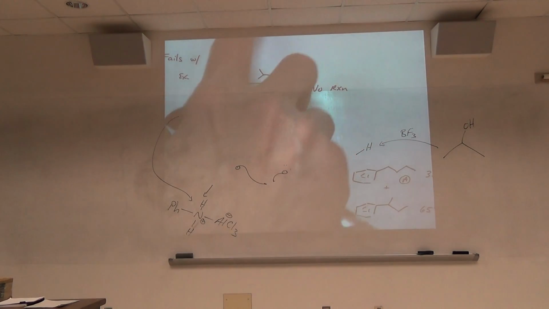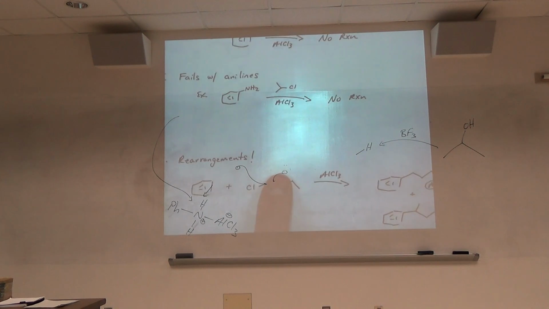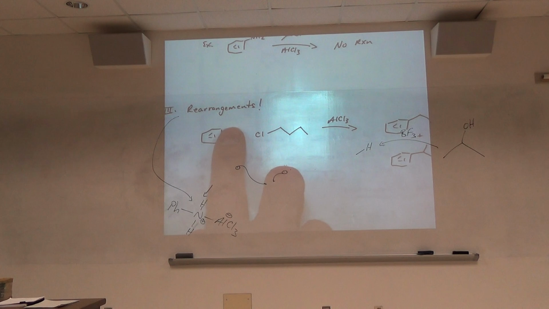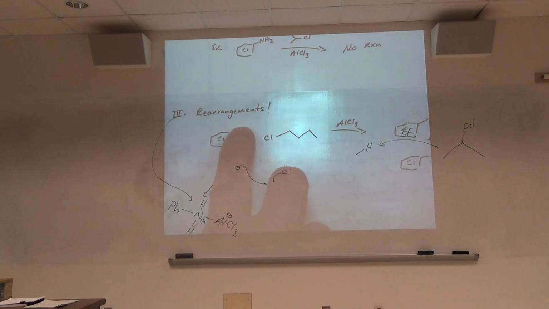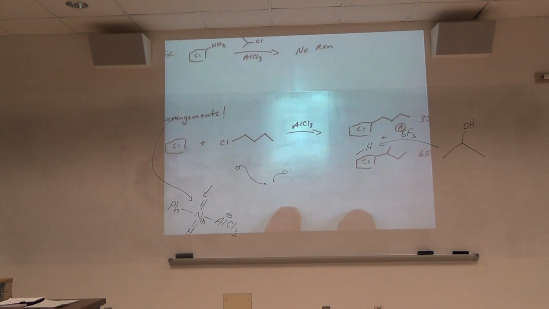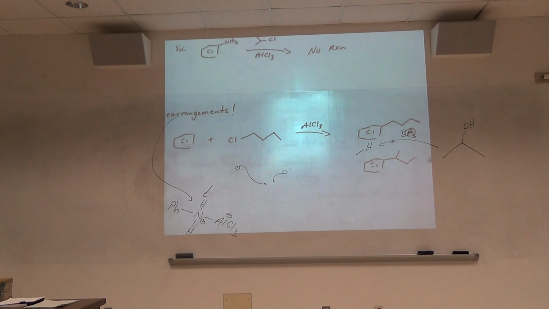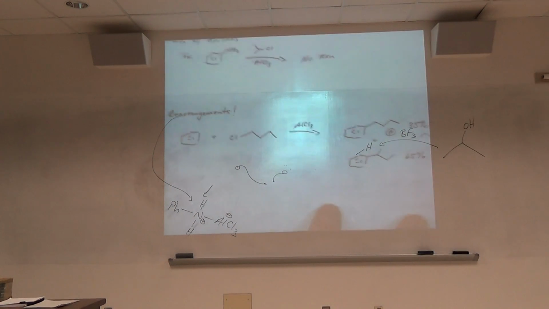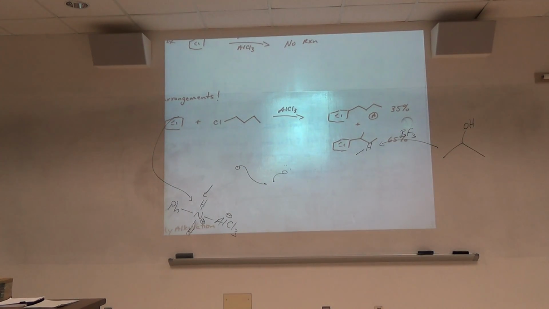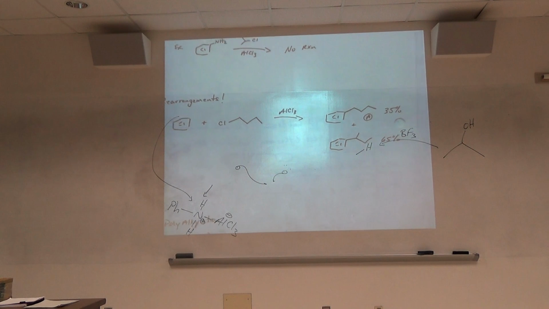Another problem with the Friedel-Crafts. It's only a problem if you don't want it to happen. But that's rearrangements. What are carbocations prone to do? Rearrange. If you try to, now we may have to kind of look the other way a little bit, make a primary carbocation.